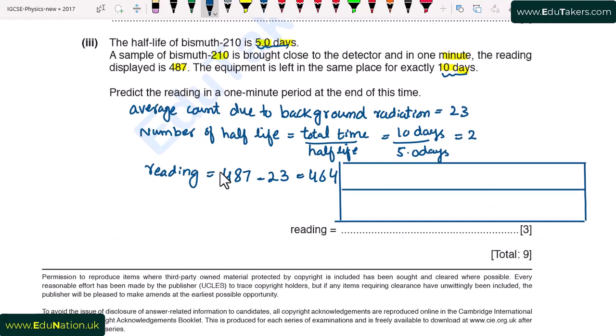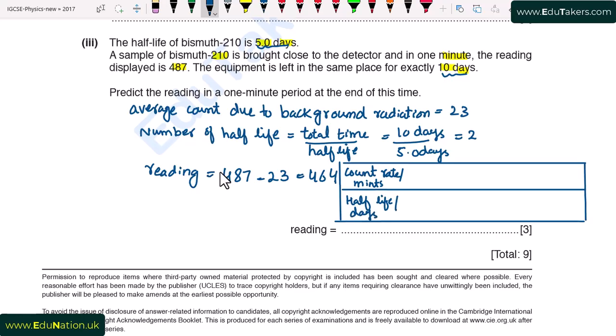So first of all, in this table I write the count rate per minute and half-life. Count rate, that is in minutes, and half-life, which is in days.